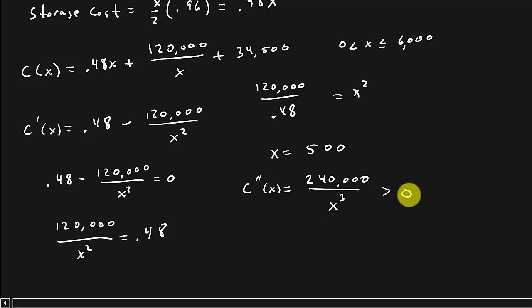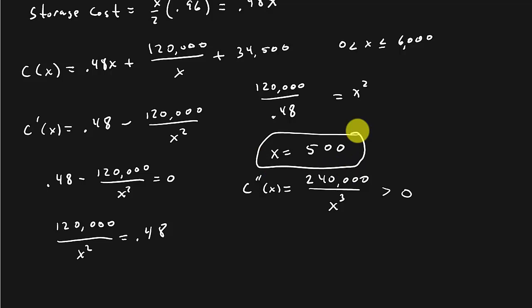So this does tell us we have an absolute minimum there. And so we would have X equals 500. When you order in lots of 500, that's when you're going to minimize your cost.